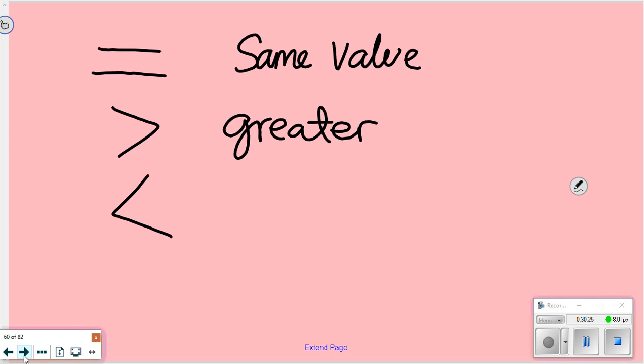The second symbol shows that this first value is less. So you're going to need to be writing each of these symbols.